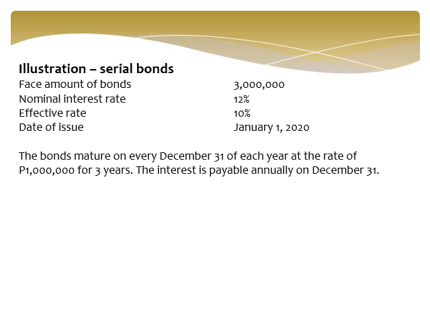The bonds mature on every December 31 of each year at the rate of 1 million for 3 years. Therefore, hindi siya lump sum. Every year, binabayaran mo siya ng 1 million yung face amount ng liability natin. So, unlike kanina, yung 3 million babayaran mo after the end of 3 years. Ito naman, yung 3 million babayaran mo every year ng 1 million.